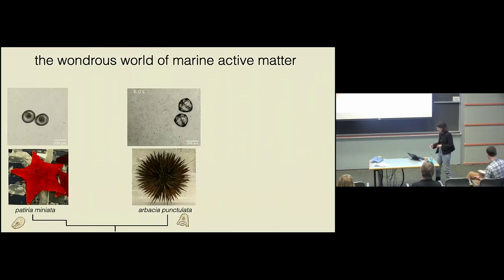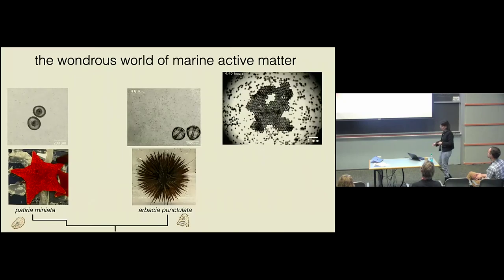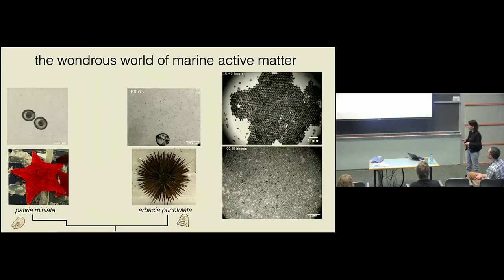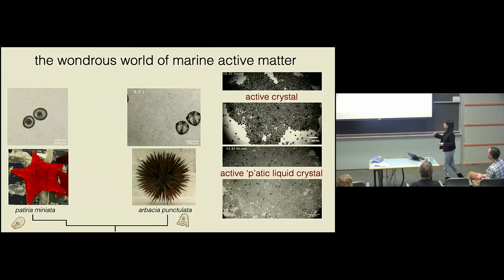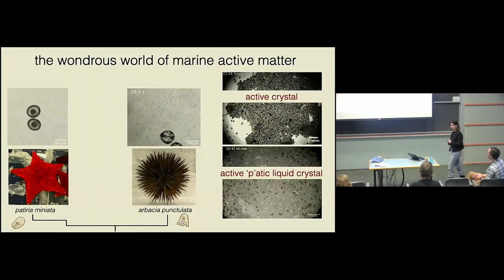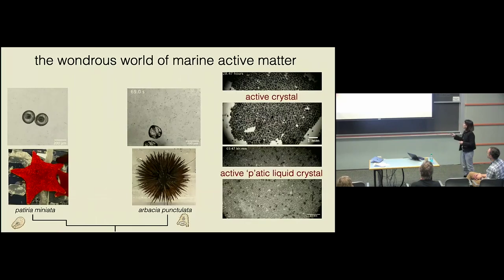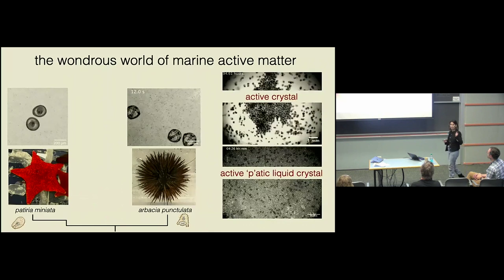What we're interested in is, when you have this type of interactions at the microscopic scale, what kind of features do you get at the macroscopic scale? The bulk of the talk will focus on starfish and the emergence of this active crystal structure, this active solid. And at the end, I will show a teaser of what happens with this type of chiral swimmers.